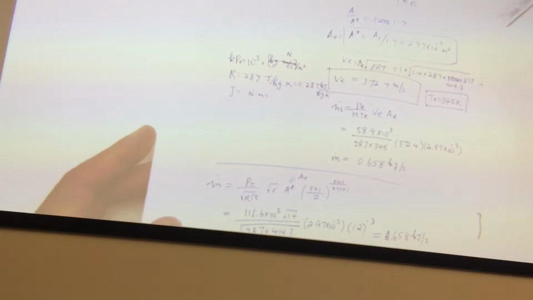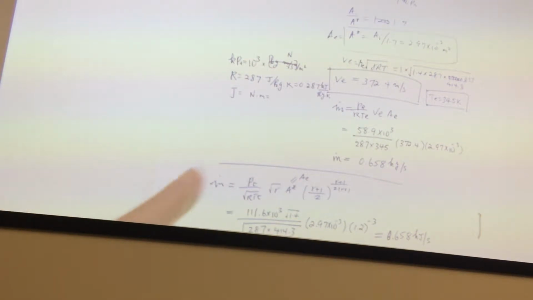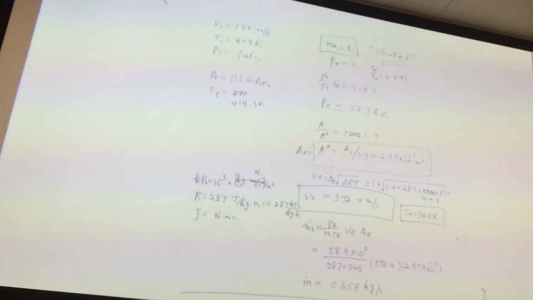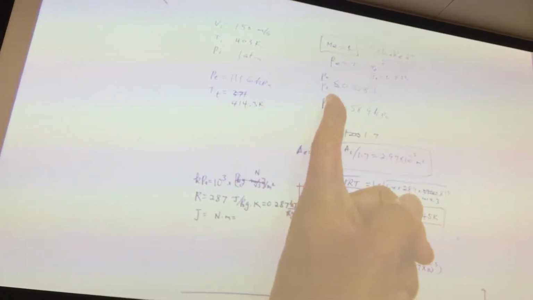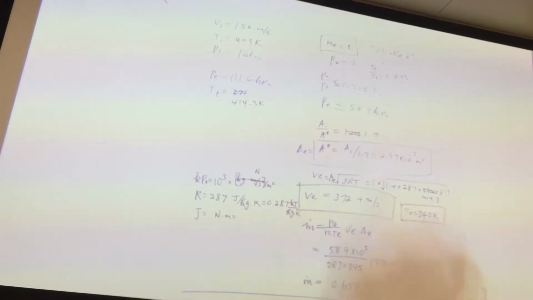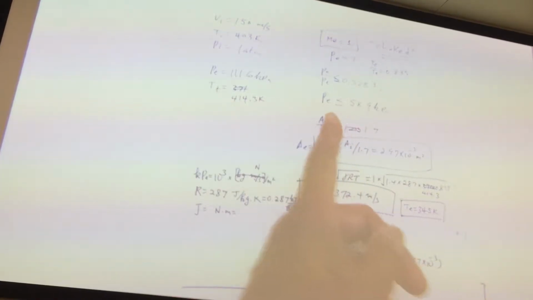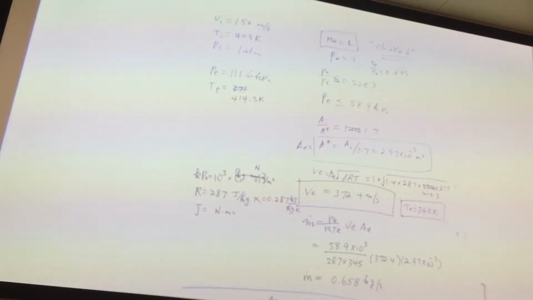Right? So one example we have is that if your Mach number is equal to 1, then the condition is choked. Then what you need to have is your PE over PT for airflow has to be less than 0.5283. Then your pressure in the ambient or the exit has to be less than 58.9 kilopascal in this case.